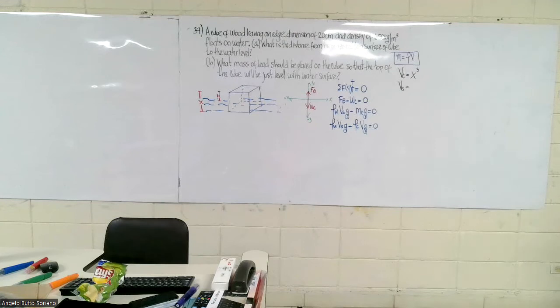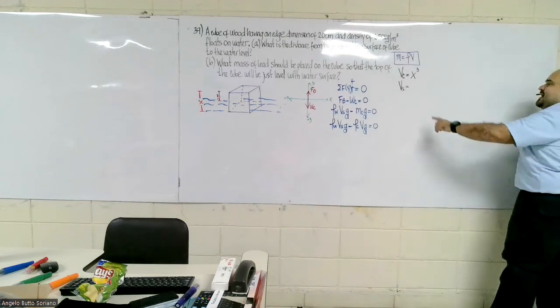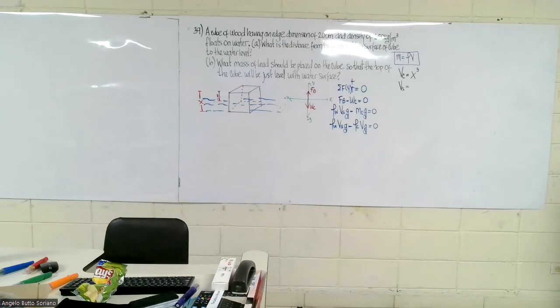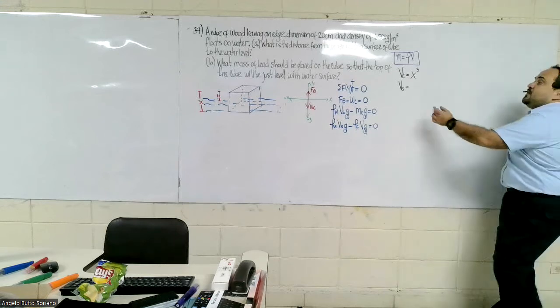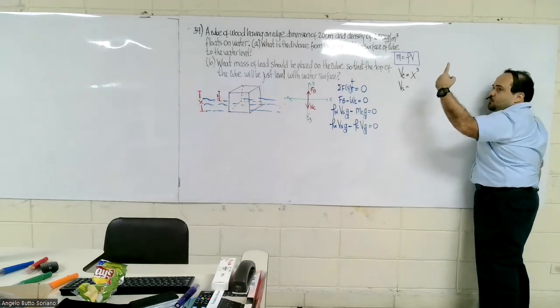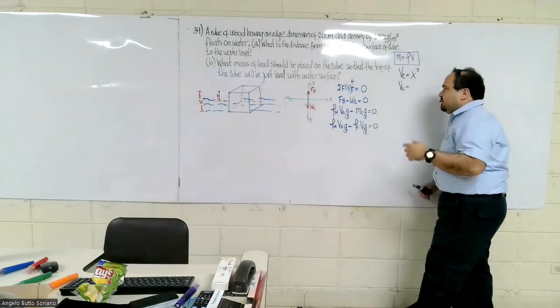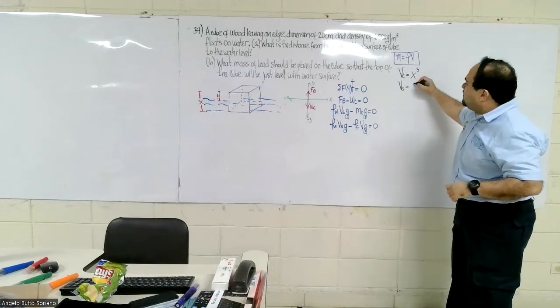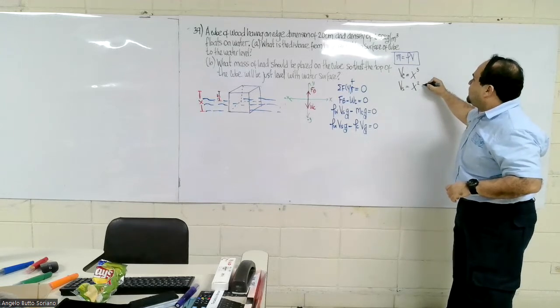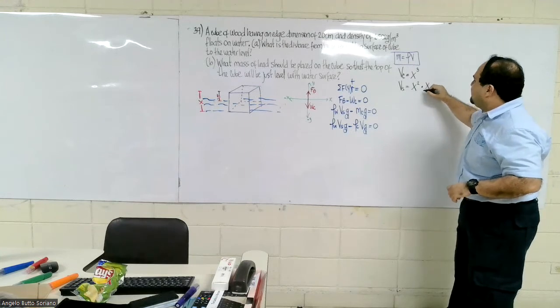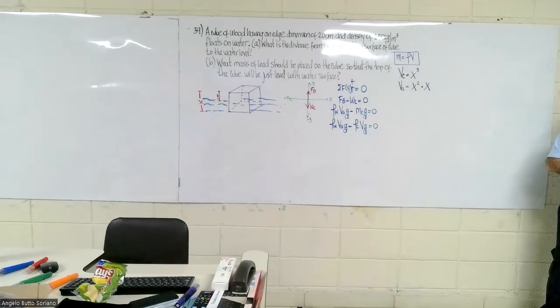So in math, if we have x to the cubed power, if you really want to simplify that expression, we can write it as x squared times x, right? Yes or no? X squared times x separately, because in the submerged volume, we need to separate one side or one edge of the cube because that edge is in the air. I mean, instead of writing x cubed, I'm going to write x squared multiplied by this letter x.